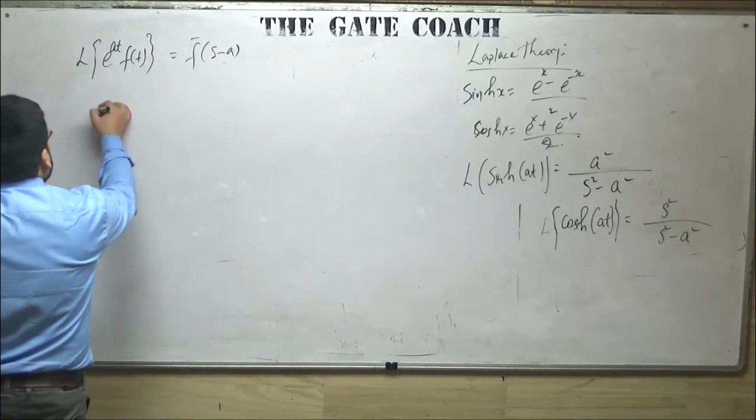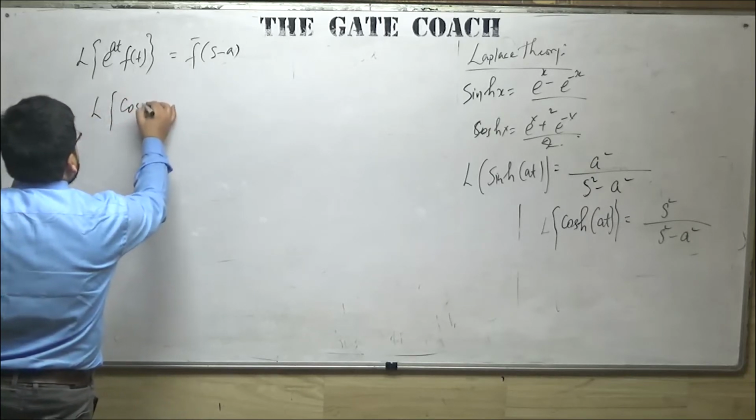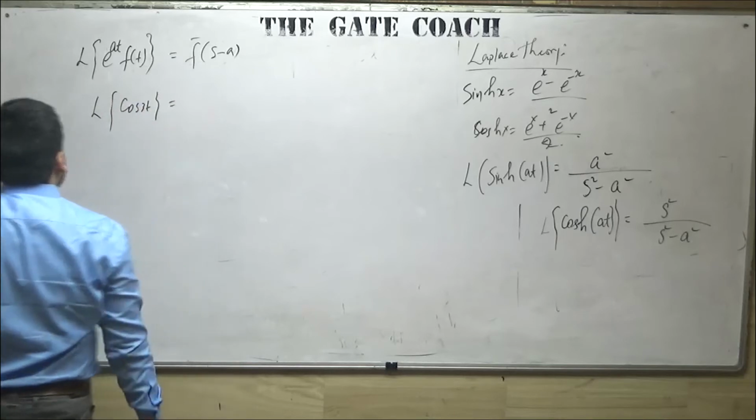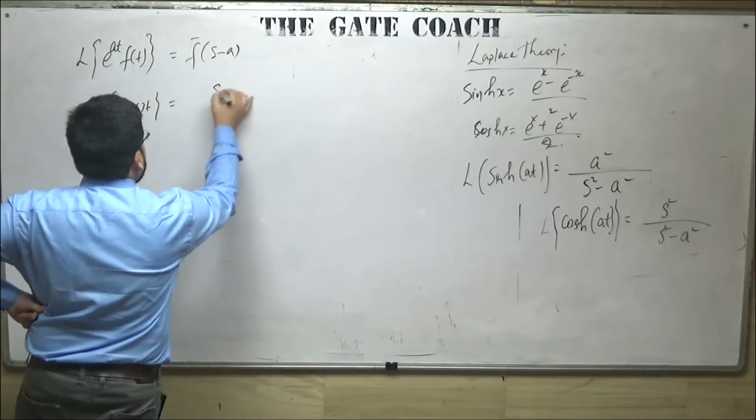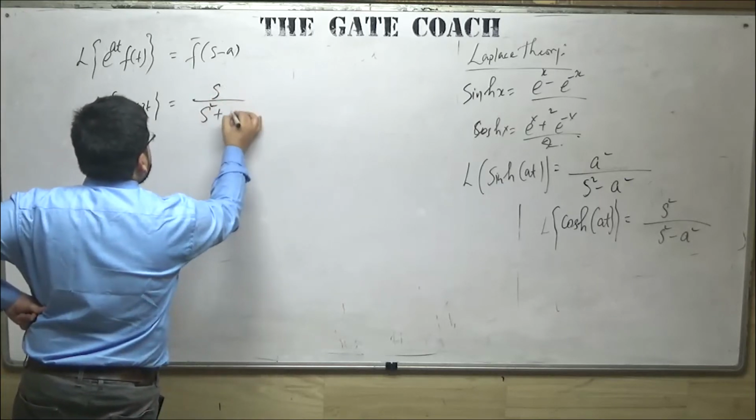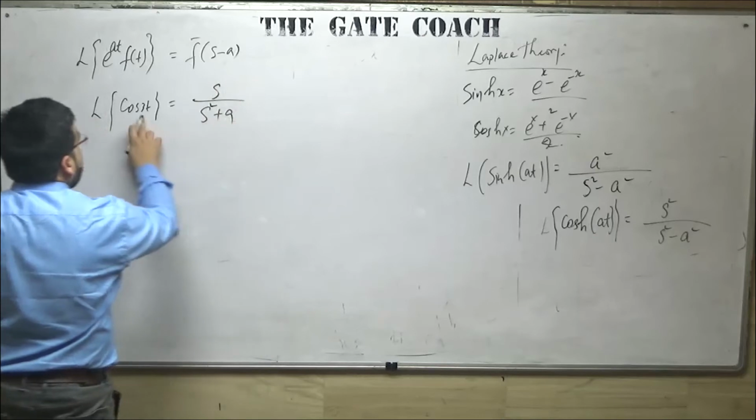For example, we know the Laplace of cos 3t is equal to s upon s square plus 9, because it is s upon s square plus a square, a is equal to 3.